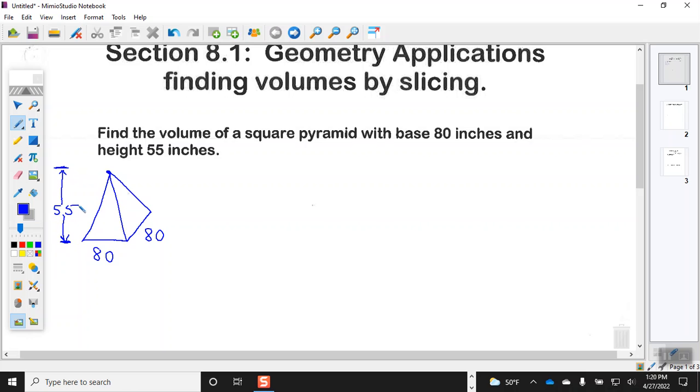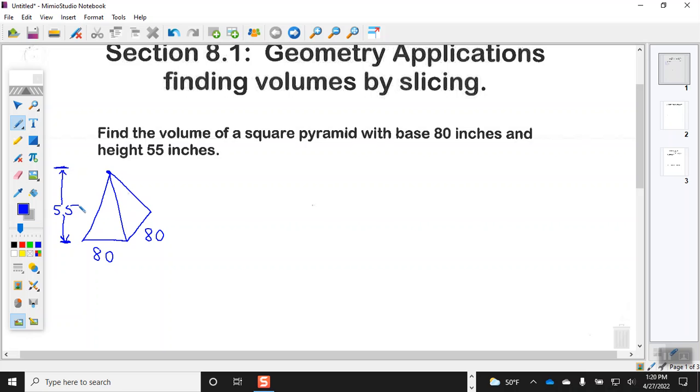So we know we're dealing with a square pyramid, and we want to find the volume. Let's just do this first. Does anybody remember the volume formula for a pyramid? If it was a cube, 80 by 80 by 80 or whatever, you would have gone length times width times height.